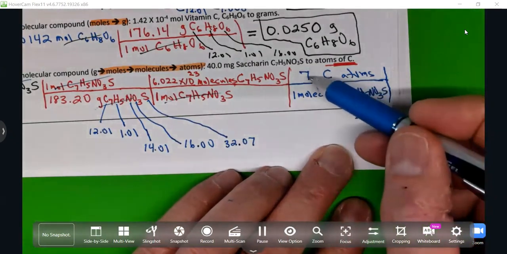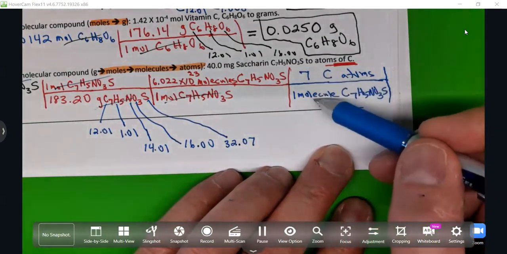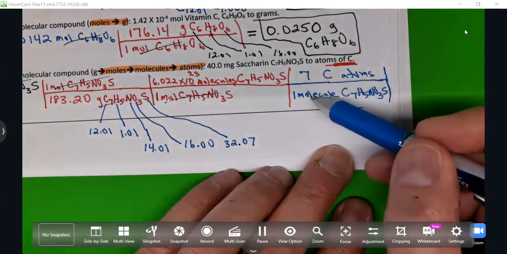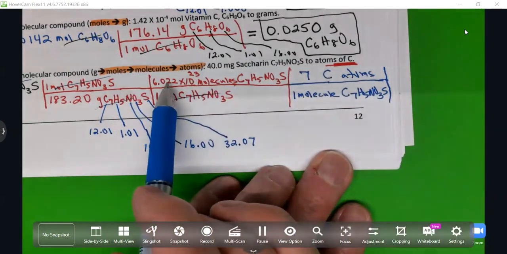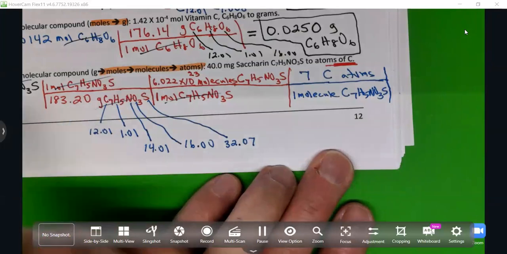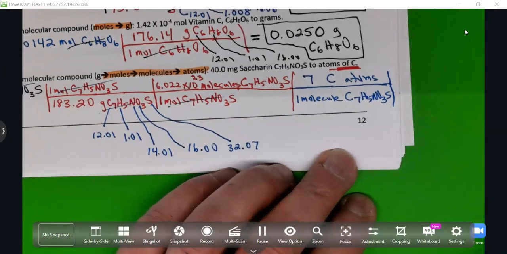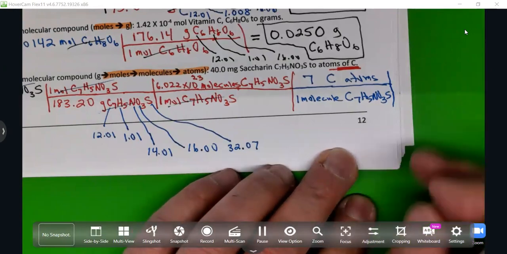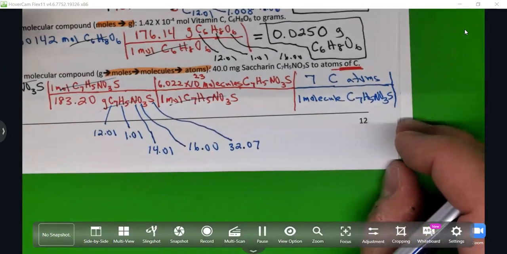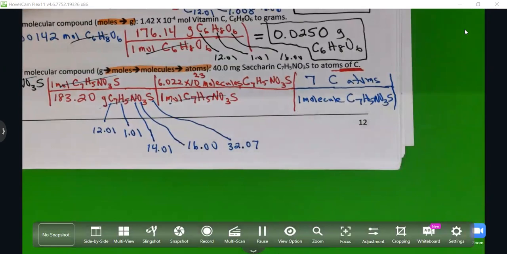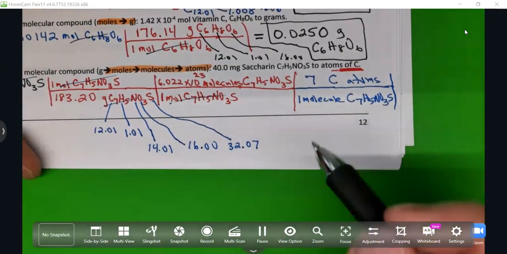And this is unlimited sig figs here. And we've got 4 here, we've got 5 here, we started with 3, so we're going to end with 3.